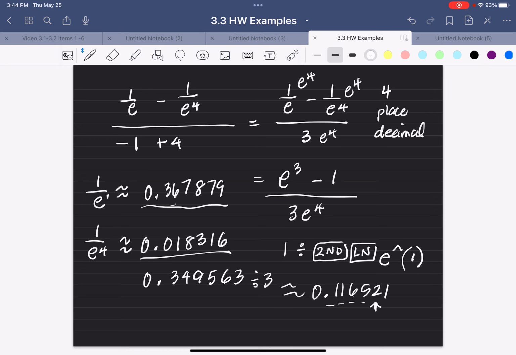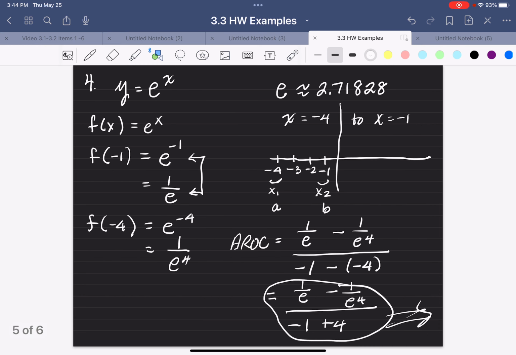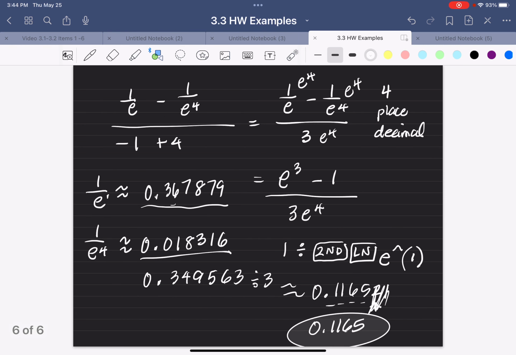This 2 says just knock this stuff off. 0.1165 is my average rate of change.